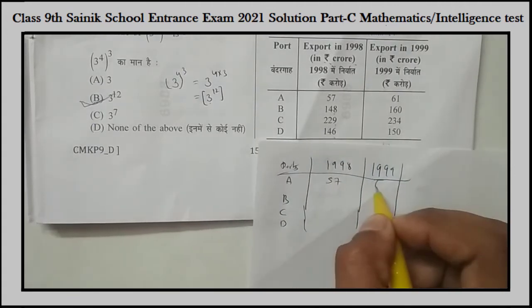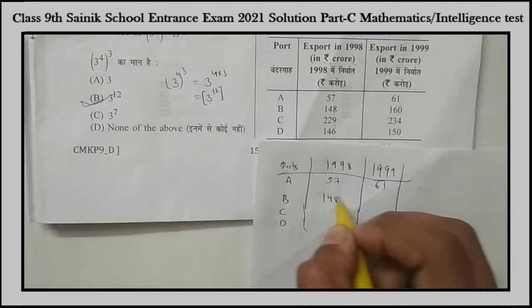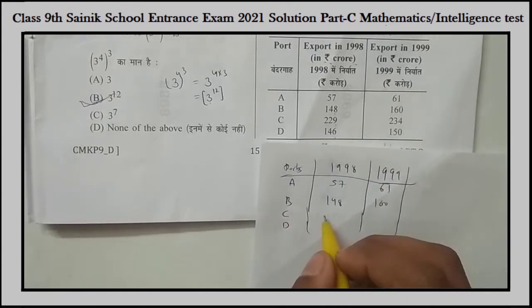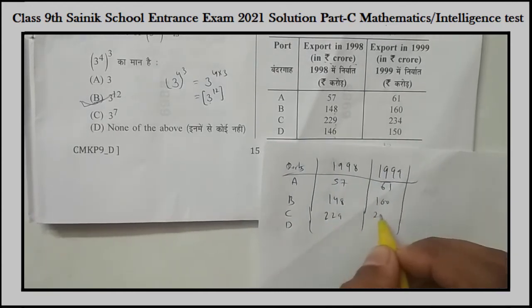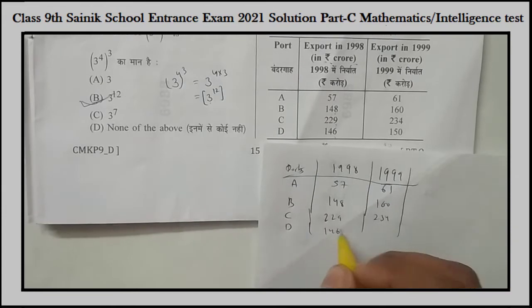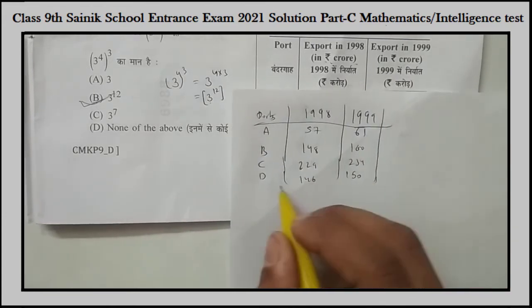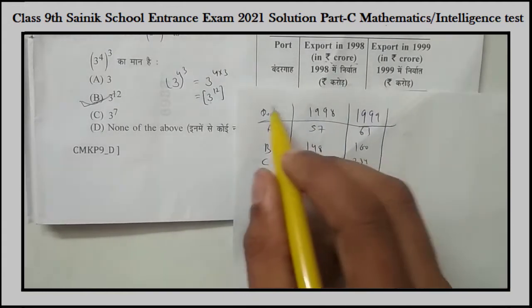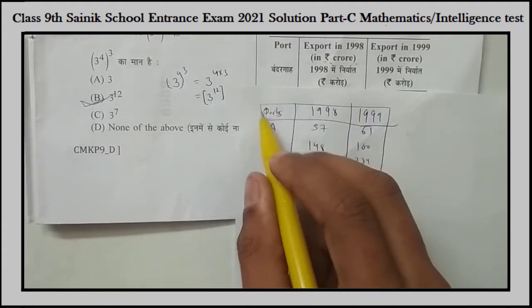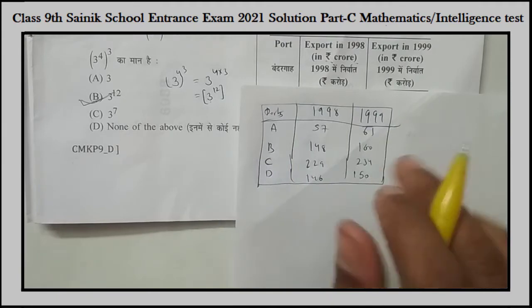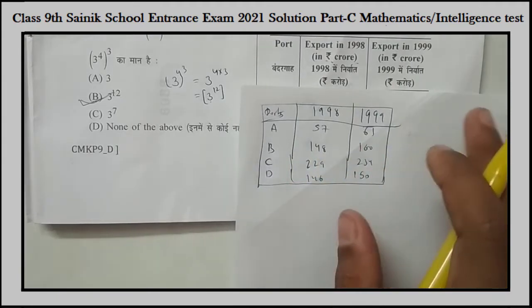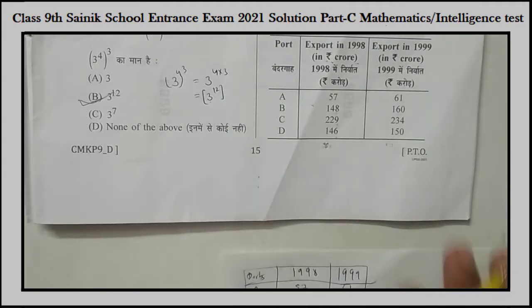Here it is 57, 61, 148, 160, 229, 234, 146, and 150. Why did I draw it over here? Because it will become easy for me to solve these questions.